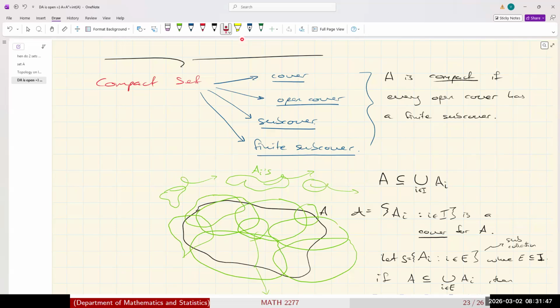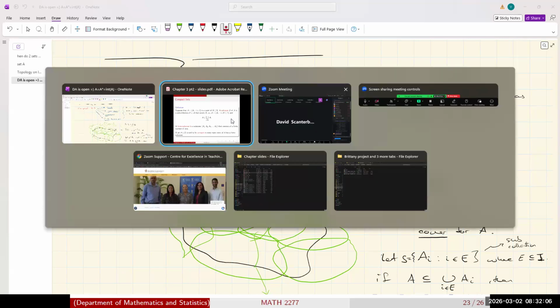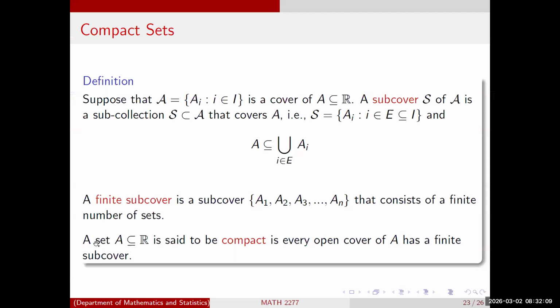So if this is always possible for every open cover you give me, it's always possible to find a finite collection of sets from that cover that still does the covering, we say that a set is compact. So a set A is said to be compact if every open cover of A has a finite subcover.